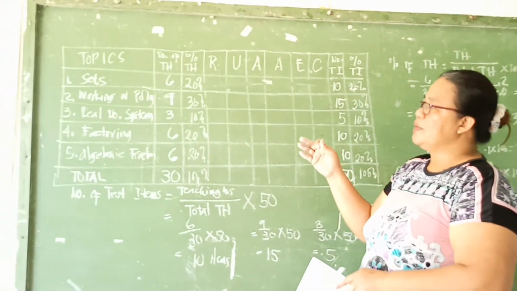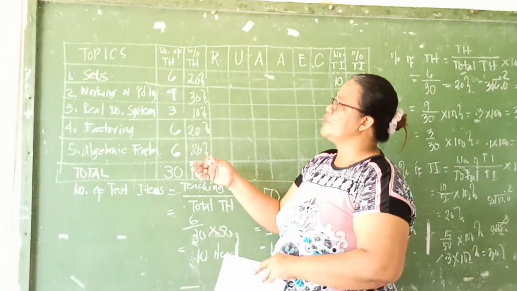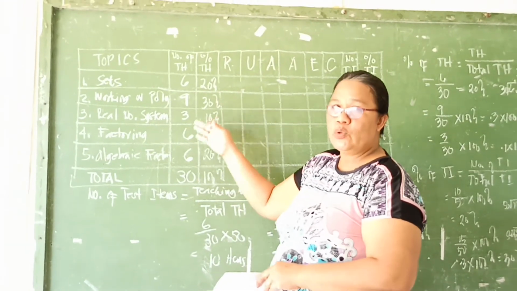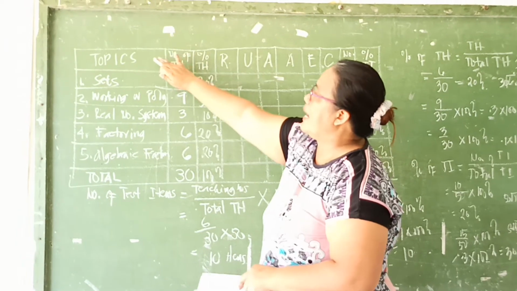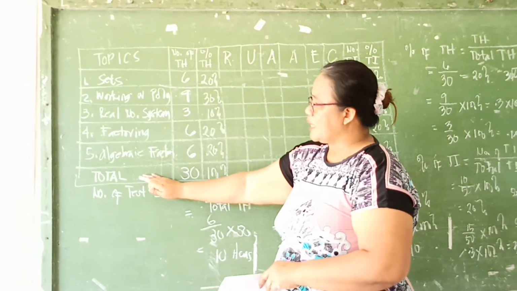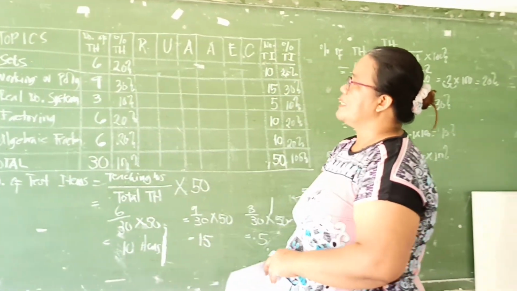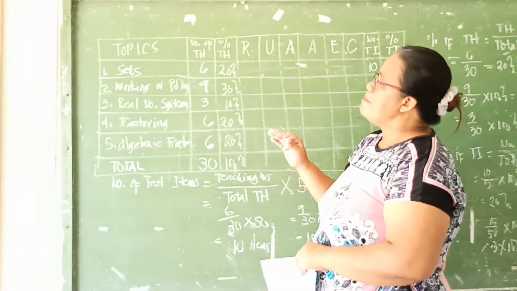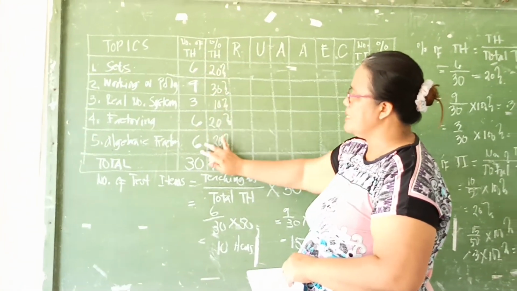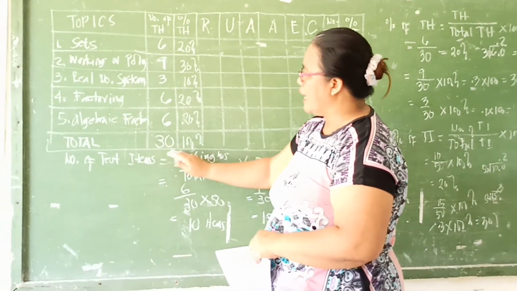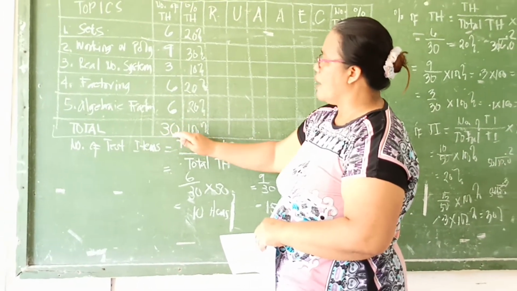You must determine how many chapters or topics you are going to include. You just add 2 rows for your heading and for your total. And then decide or remember how many hours you discussed each of the topics. And do not forget to get the total number of teaching hours.